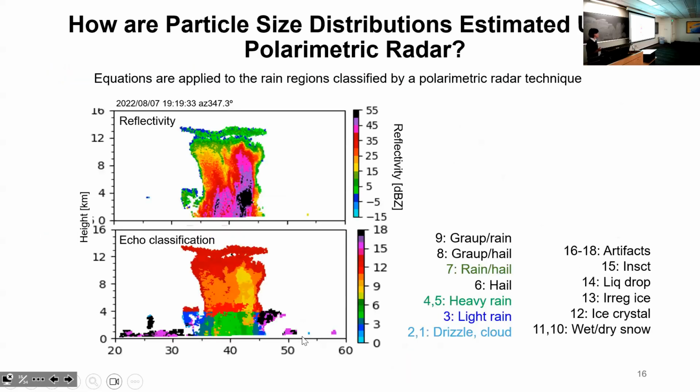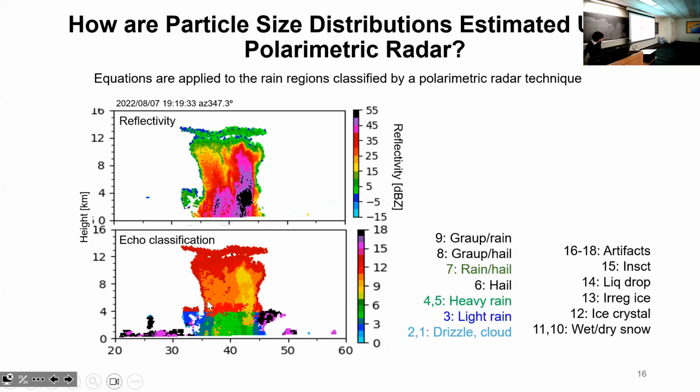And these relationships were applied to the rain region only, classified using polarimetric radar measurement. This is an echo classification technique result using polarimetric radars. The top plot shows the vertical cross-section of radar reflectivity for a single convective cell. And the bottom shows the echo classification using polarimetric radar measurement.